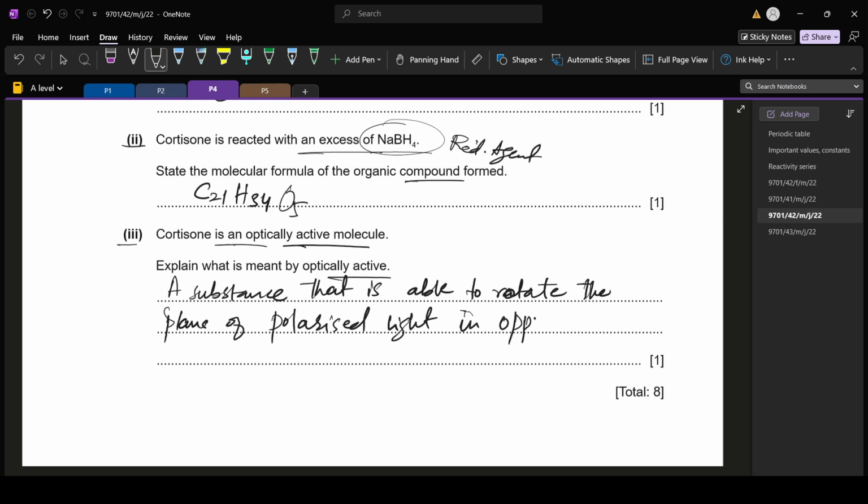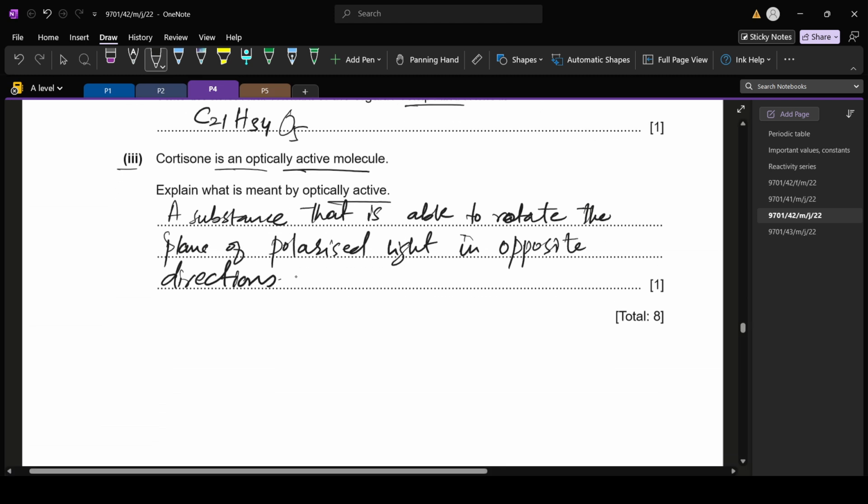Okay, so this is your optical isomerism.